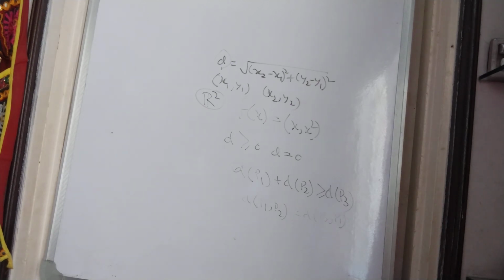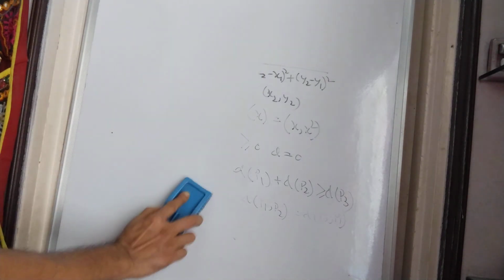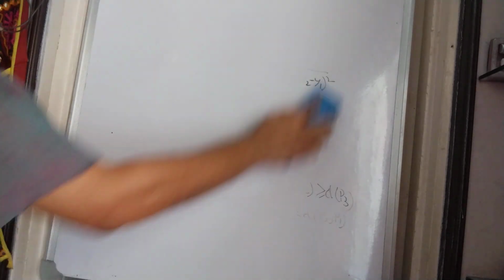So with the help of this distance measuring property, which we term as a metric, we endow the real line with two properties. One is the concept of topology, the concept of open set and closed set. A closed set is one which contains its boundary, and an open set is one which does not contain its boundary, and all the boundary points are taken to be the limit points of the set.